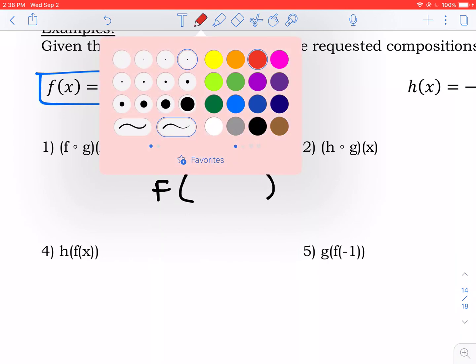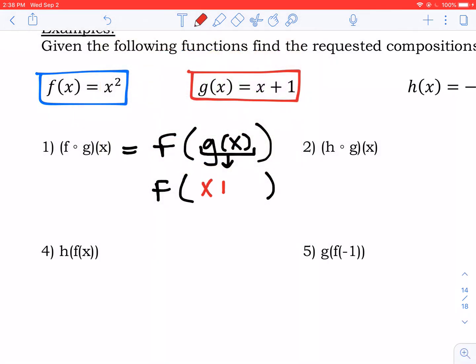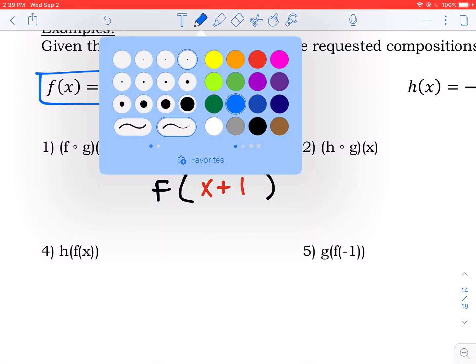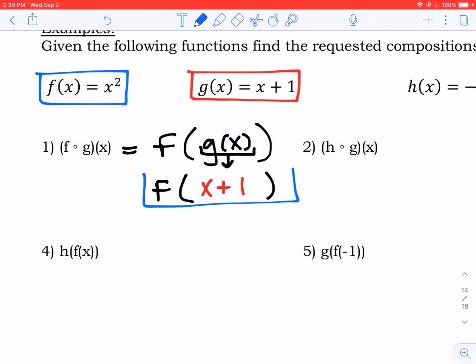So this is f of x plus 1. Right? Originally we were asked to find f of g of x in this step, but we realized that g of x was really just x plus 1. So I replaced the g of x with x plus 1. Okay, and then now we're charged with finding f of x plus 1.